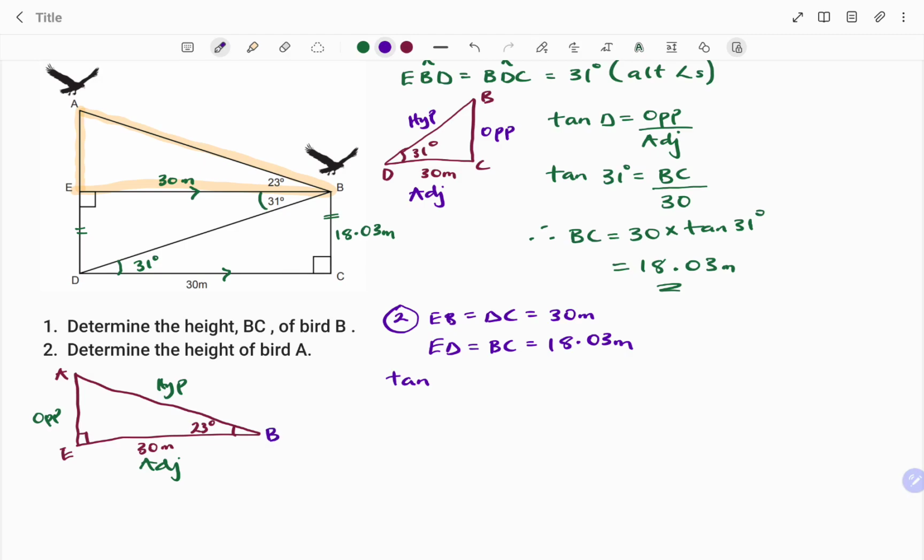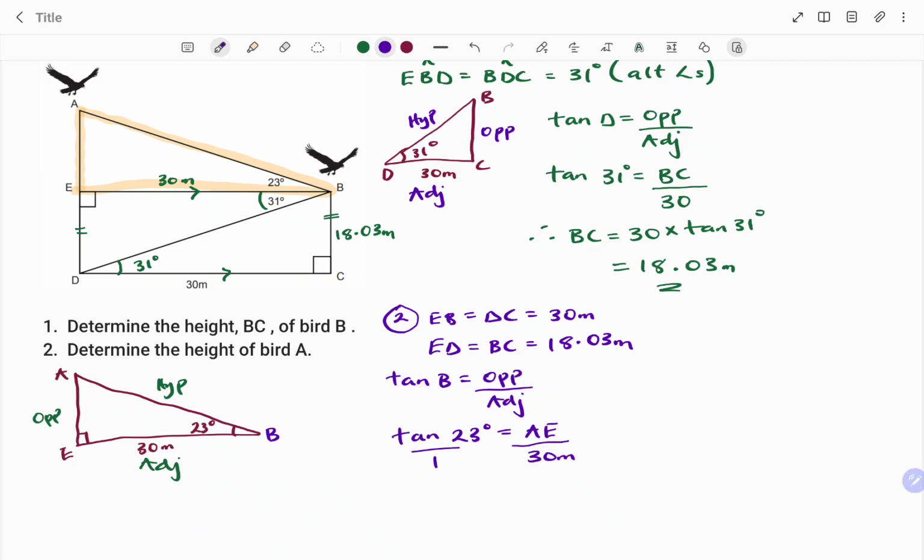Tan of the angle B equals opposite over adjacent. Therefore, tan of angle 23 degrees equals my opposite, that's AE, divided by my adjacent, 30 meters.